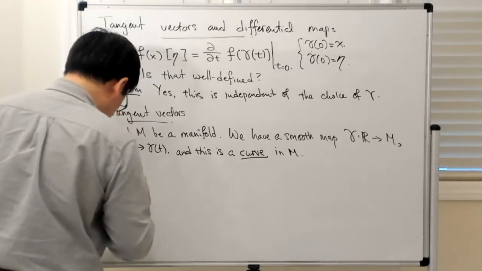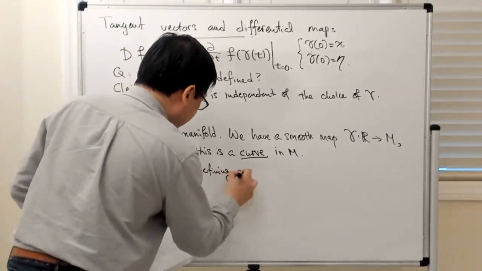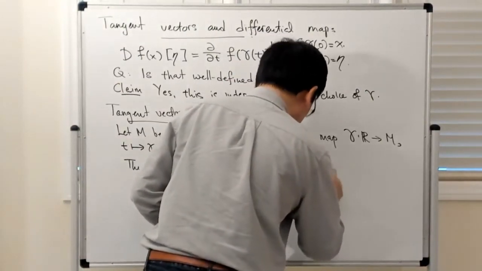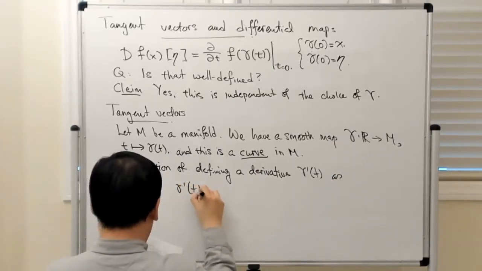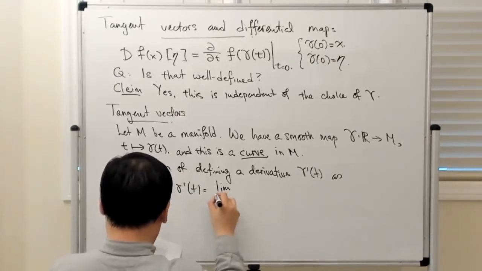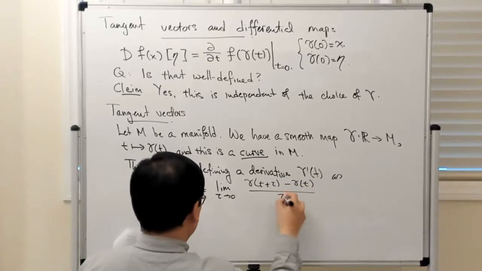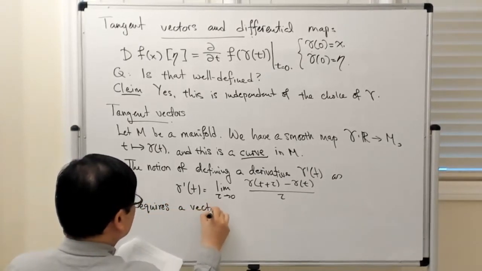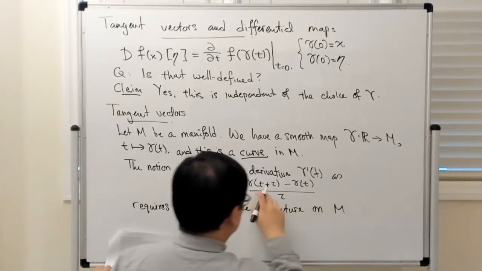Then the problem is that the notion of defining a derivative in the usual sort of limit of a finite difference approach, say gamma prime of t, is the limit as tau goes to 0 of gamma of t plus tau minus gamma of t, over tau, requires a vector space structure on M, because you're taking the difference of 2 points in the manifold.